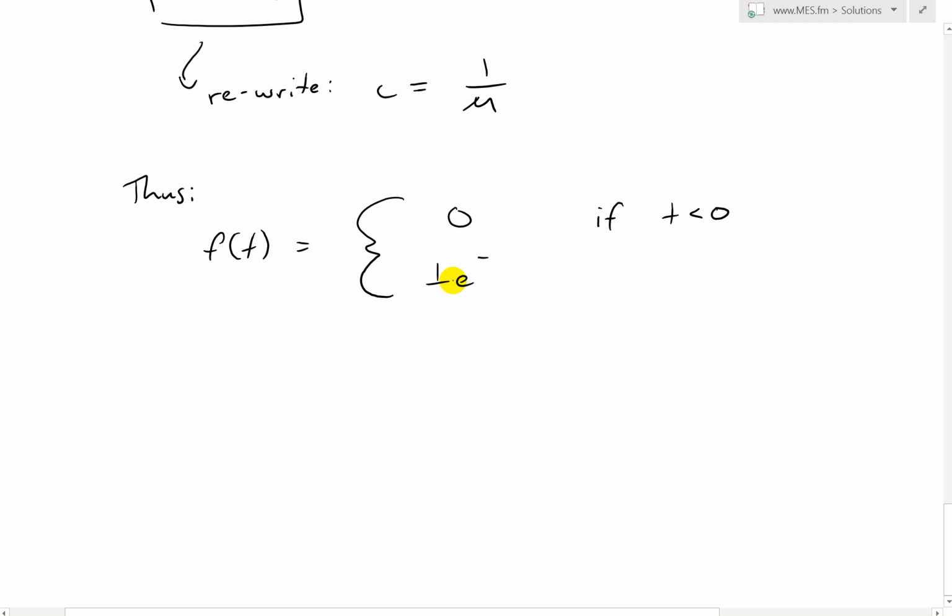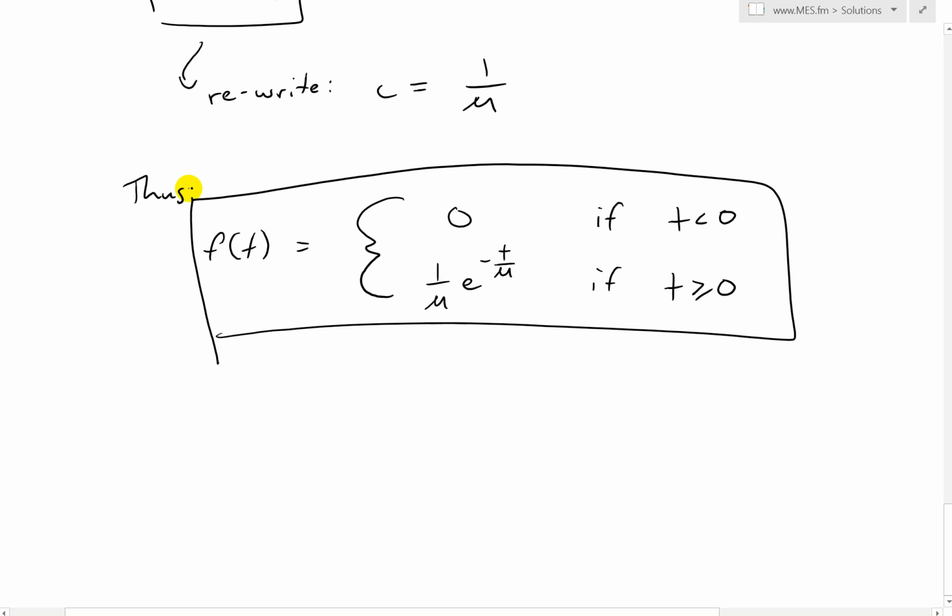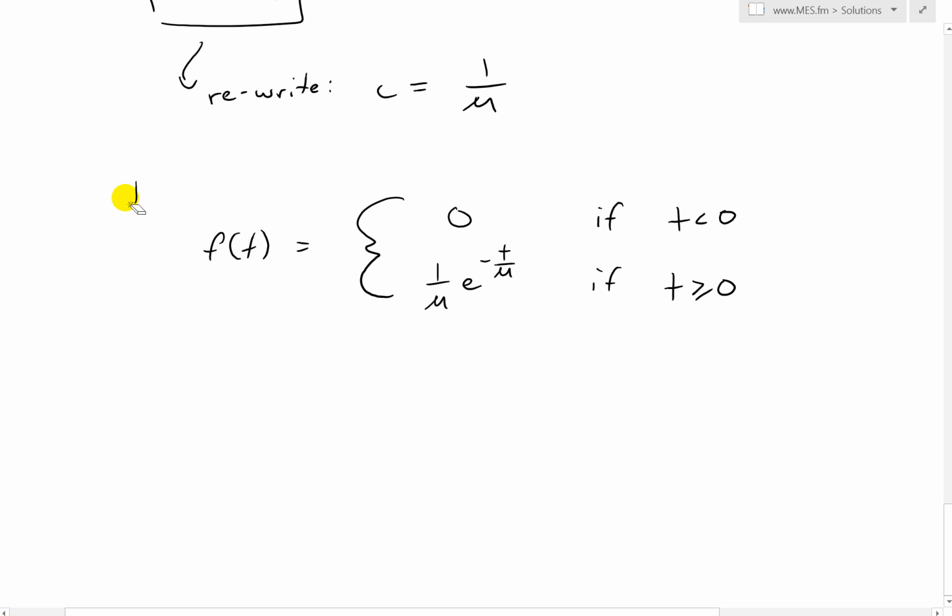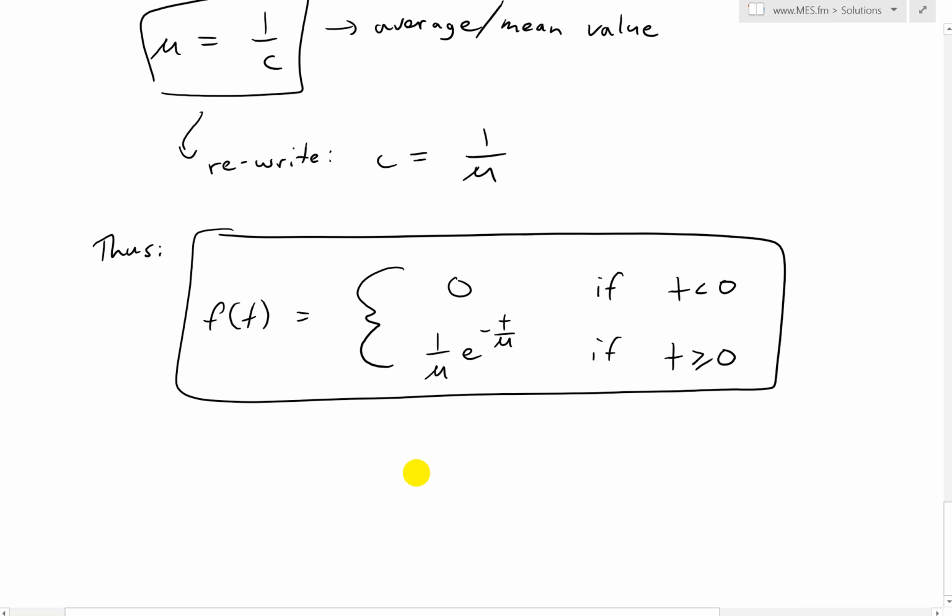So let's write that over: 1 over mu, e to the negative t over mu, if t is greater than or equal to 0, like that. So in other words, the constant c for this probability density function is equal to 1 over the average value. Let's draw this a bit neater. Alright, that's neat enough.